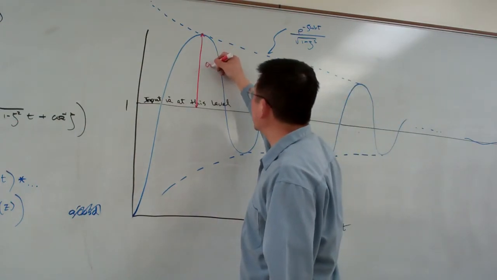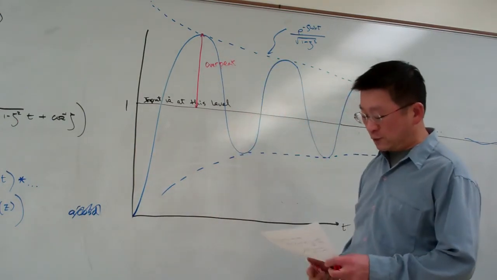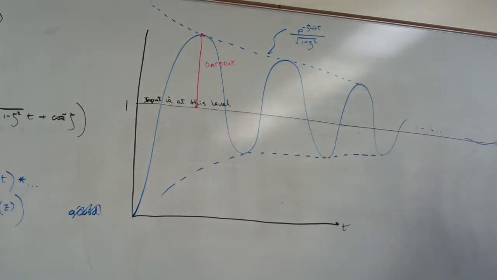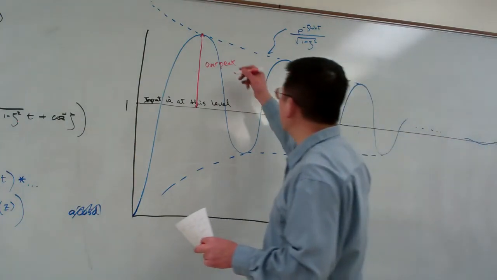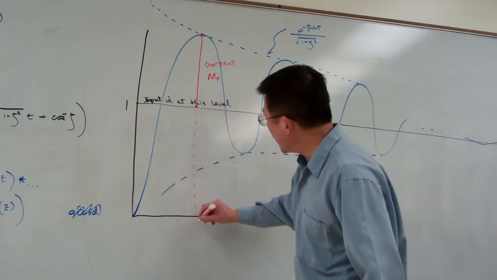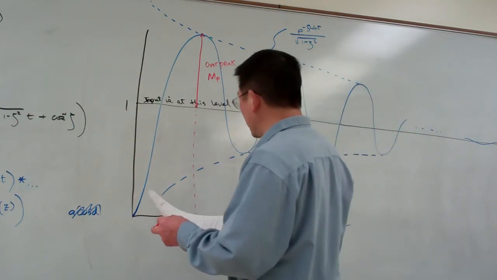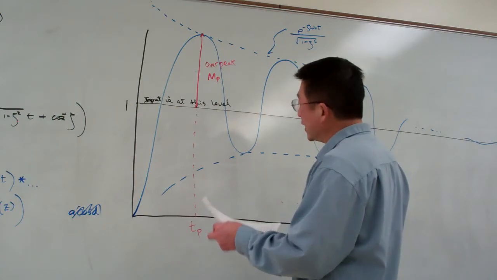Okay, so here it's called the overshoot. Overshoot is the magnitude larger than 1, and that one is designated by the symbol MP. And the corresponding time we arrive is called TP, when the first overshoot MP arrives. And also we have the rising time.